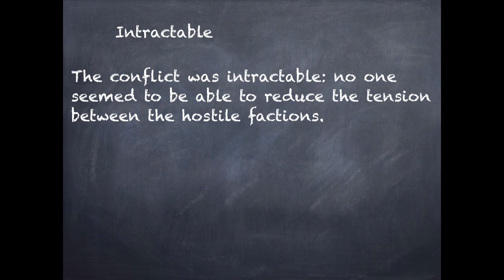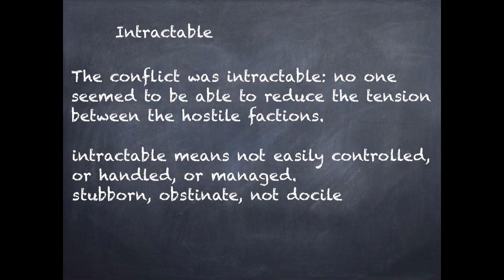Here's my clue. I have intractable now, and I think it means not able to manage. Does that fit the context of this sentence? The conflict wasn't manageable. No one could handle it. I think that makes sense, doesn't it?